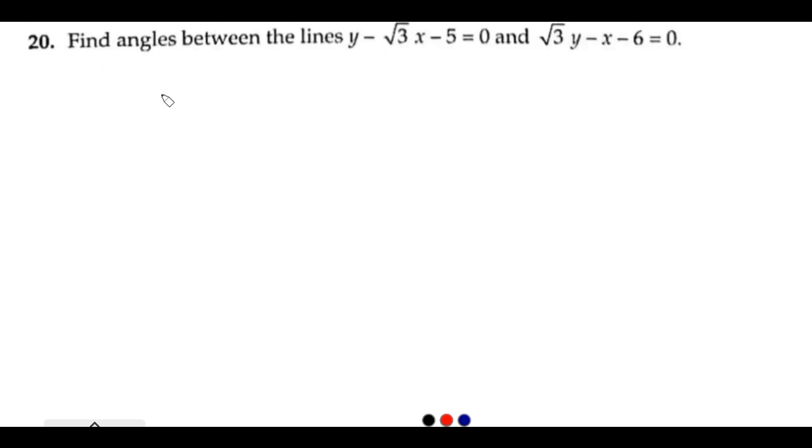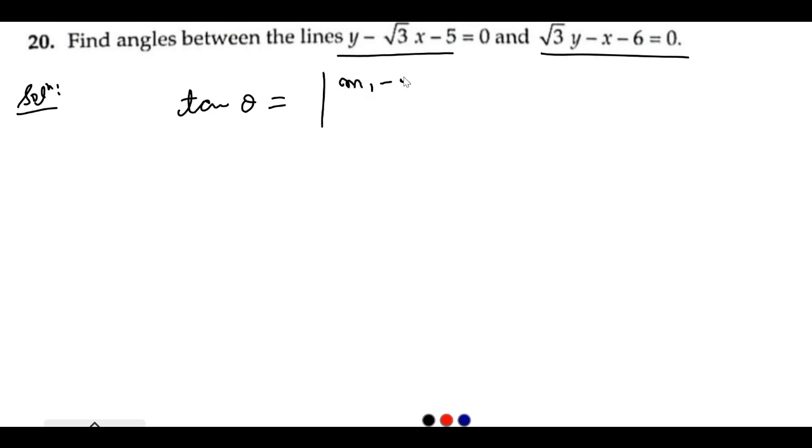Question number 20. Find the angle between the lines this and this. If the angle between two lines is theta, then tan theta is equal to m1 minus m2 upon 1 plus m1 m2, where m1 is the slope of the first line and m2 is the slope of the second line. So find the slope of both lines and put the values.